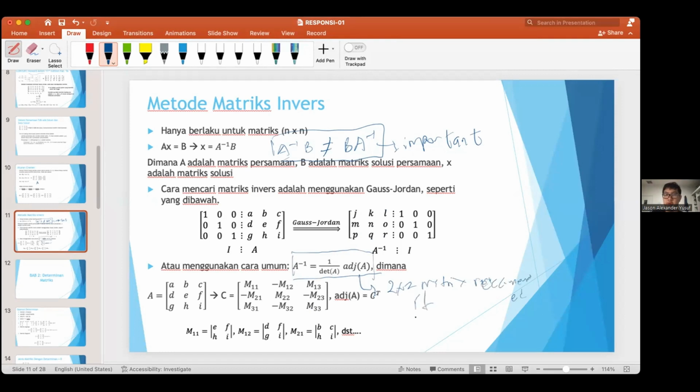If your n is greater than 2, it's not recommended because it will become more difficult. This is always the recommended method to find the inverse.